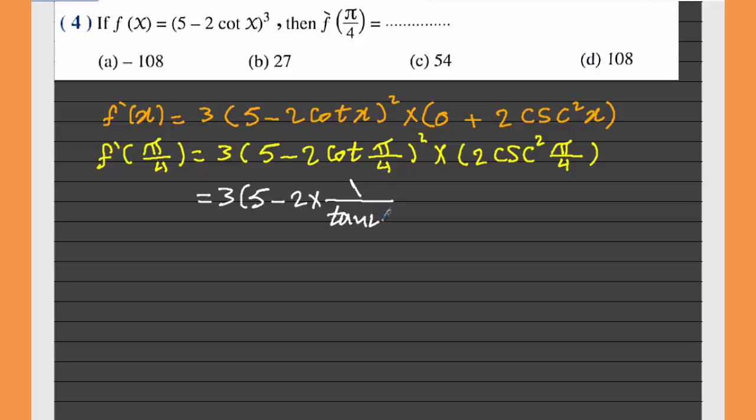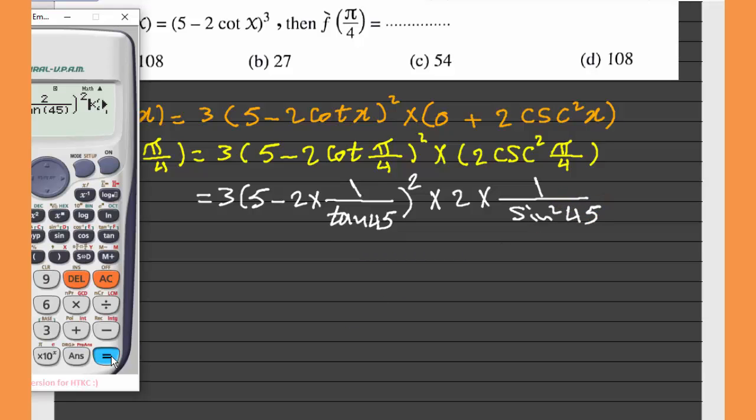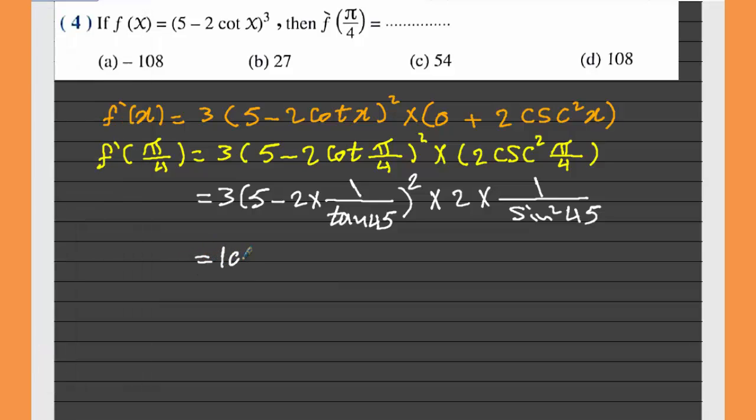Tan 45, considering pi over 4 equals 45 as pi in radian measure, multiply 2 multiply cosec square is 1 over sine square 45 again. The result equals 108, and we choose letter D.